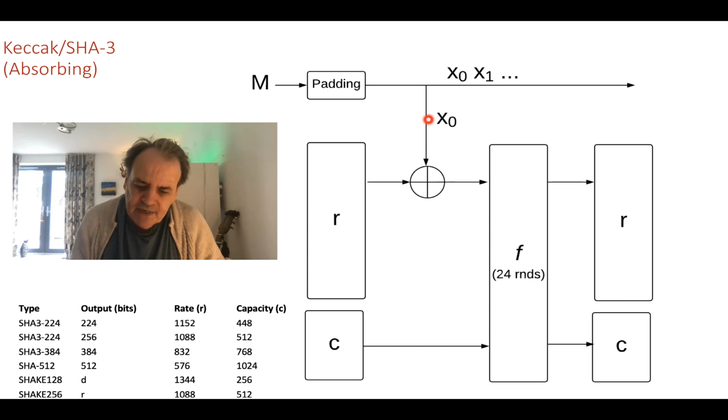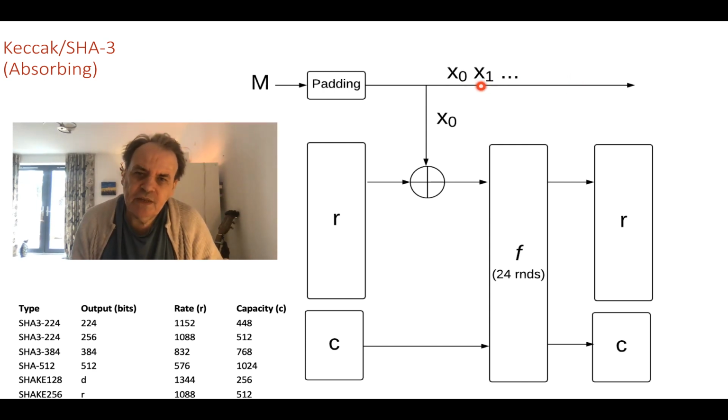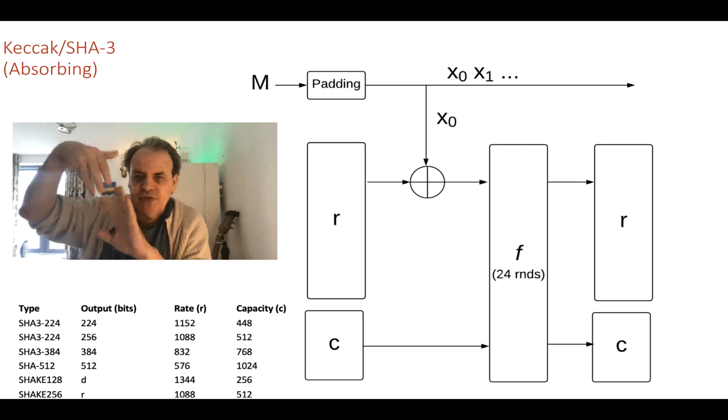So the number of times we go in here will relate to the number of these chunks that we're actually creating for our message. So let's take the first one. So we take all zeros and all zeros here, and then we feed it into an exclusive OR function. Very simple. So we'll take 1152 zeros and exclusive OR it with the message coming in.